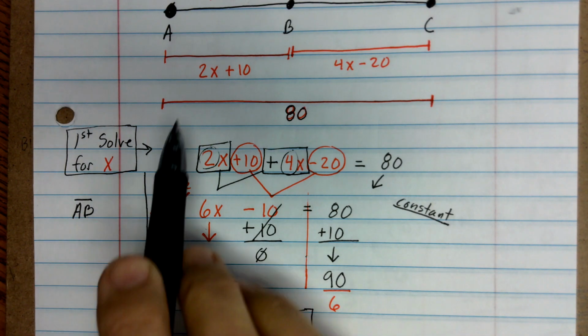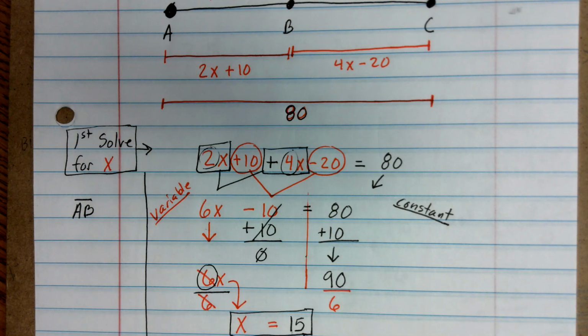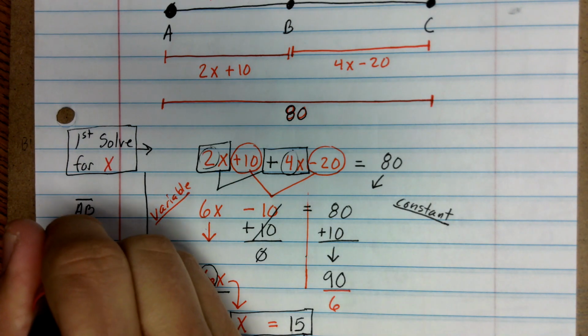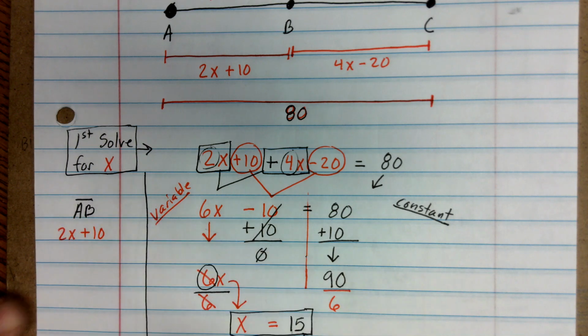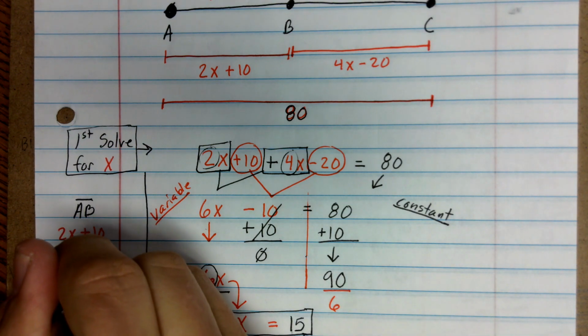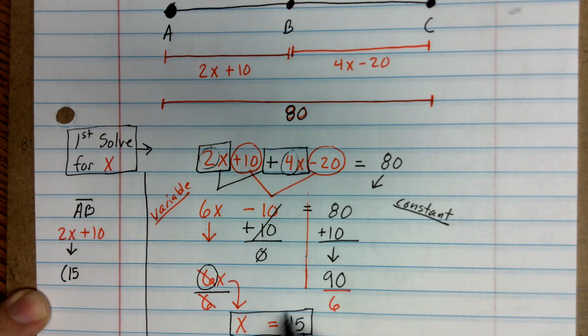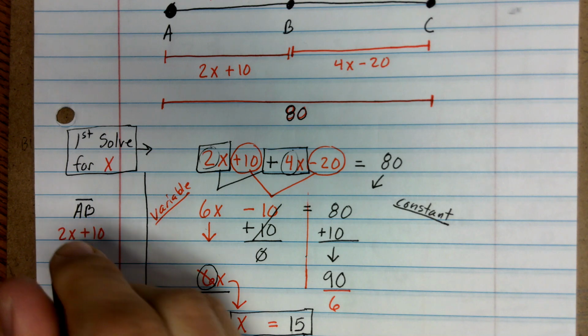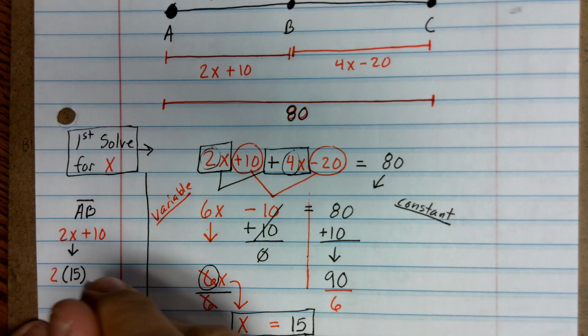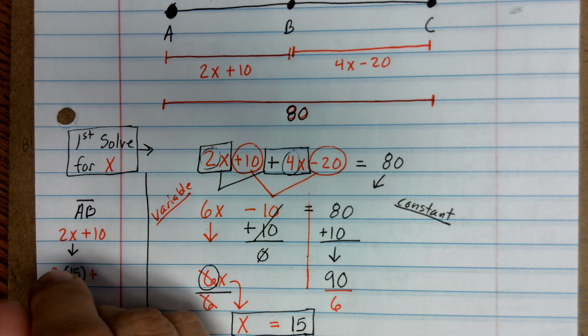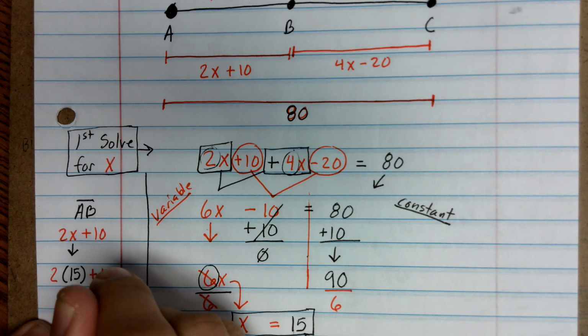Now notice that AB, that distance right there, is 2x plus 10. So I got 2x plus 10. I know that x is 15, so I'm going to take that value of 15 and substitute it in place of the x. So really I end up with 2 times 15, plus 10.